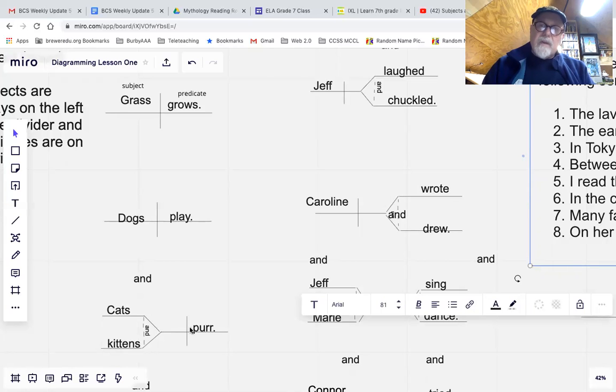Everything to the left of it is usually the subject. Sometimes, if it's an inverted sentence, it'll be the predicate. But if it's got a verb in it, we know it's the predicate. Predicate equals verb, subject equals noun.